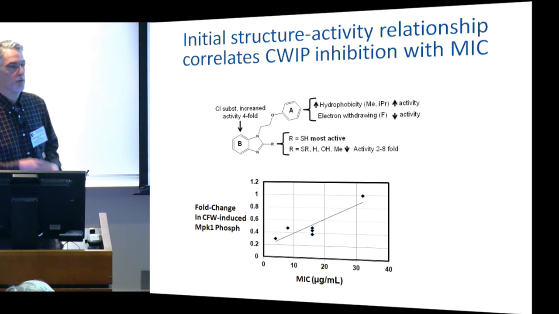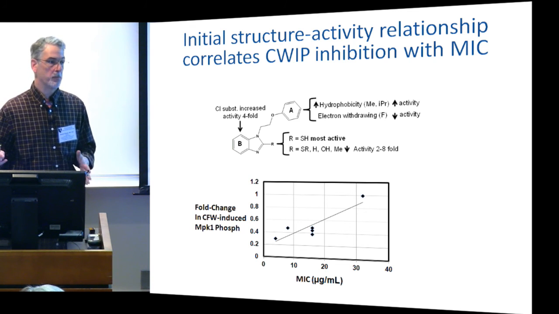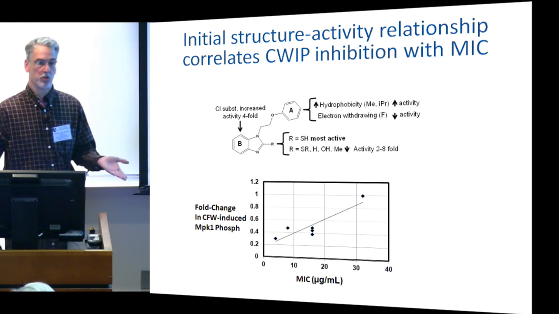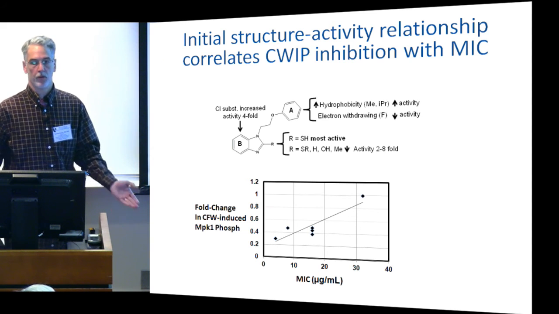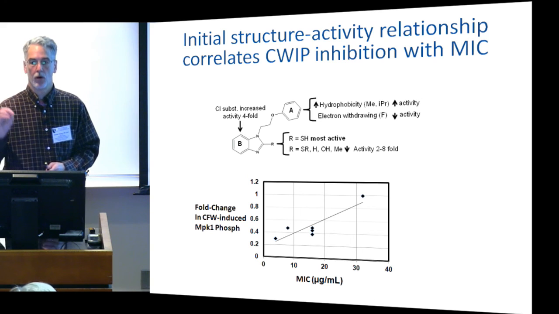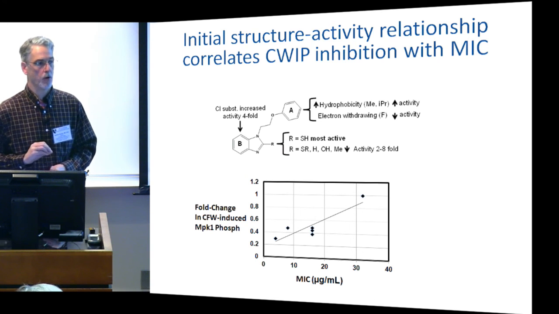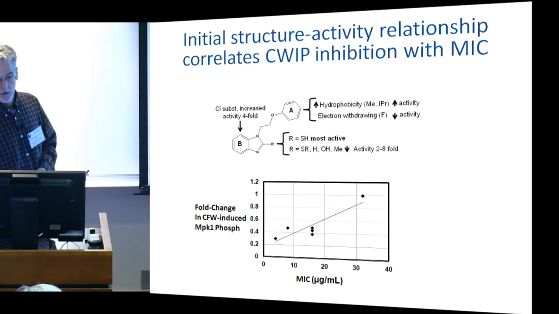Some of our molecules, we've been able to improve the sorbitol suppressive, the difference between the sorbitol and the non-sorbitol, up to 10-fold. So we're working our way toward a molecule that seems to be more specific for the cell wall part of this. I'll remind you that these are completely non-toxic in human cells. We've also done some PK.